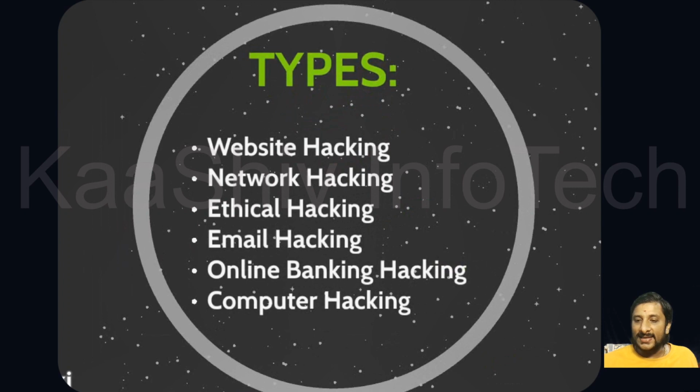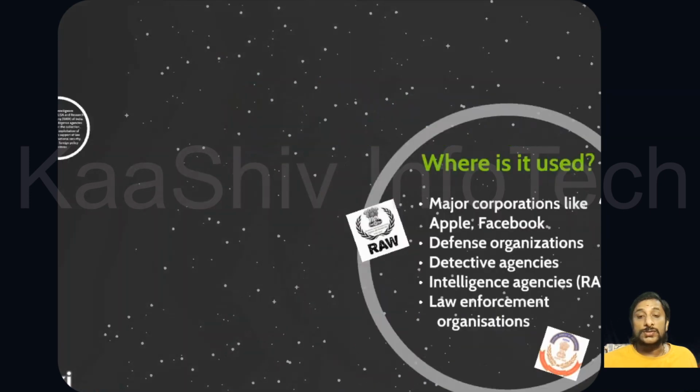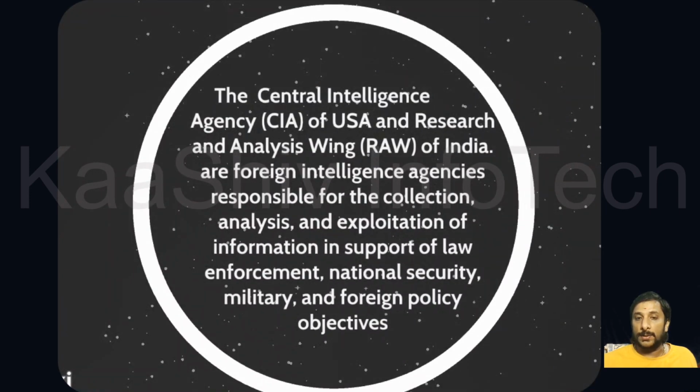Website hacking, network hacking, ethical hacking, email hacking, online banking hacking, computer hacking. Major corporations, defense organizations, intelligence agencies and law enforcement organizations are all using cyber security to secure the system and the people.